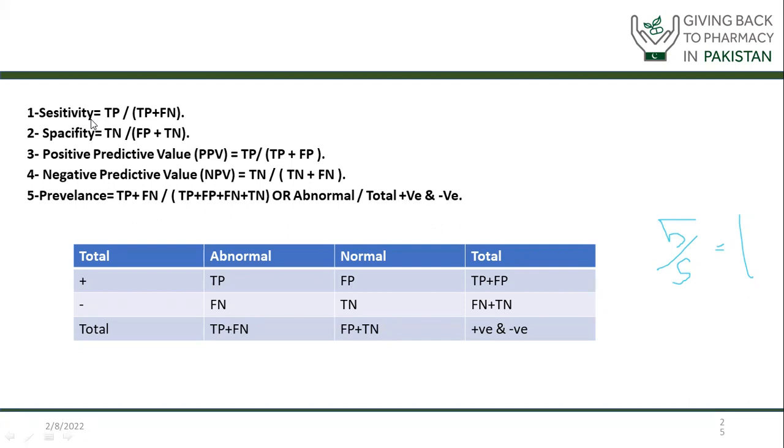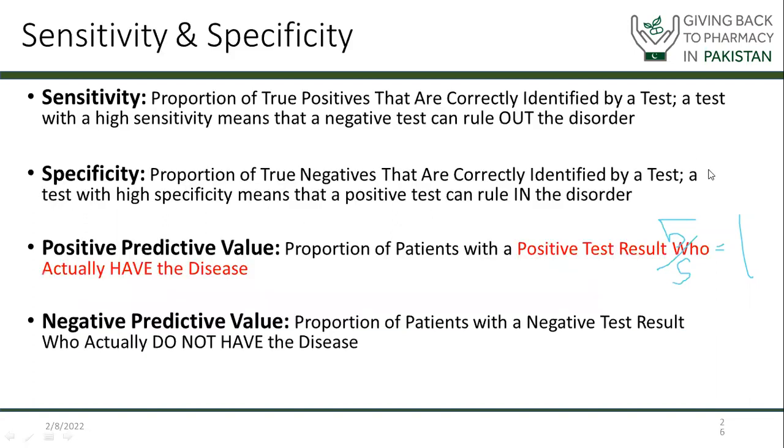So prevalence is, of the total population, how many people are positive. If you have any questions on sensitivity and specificity, you may ask.